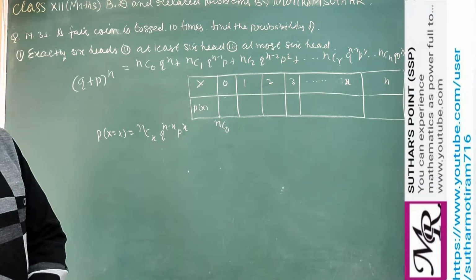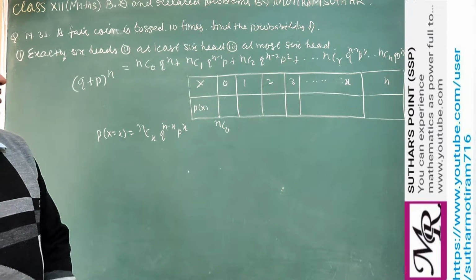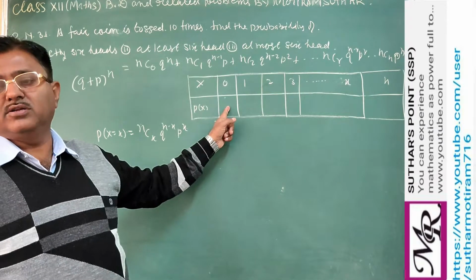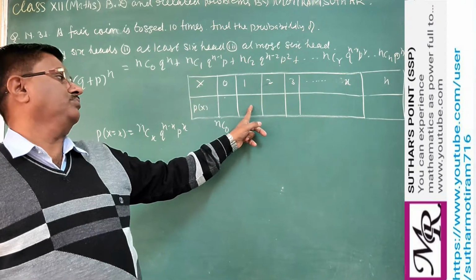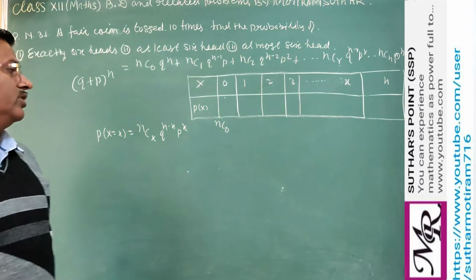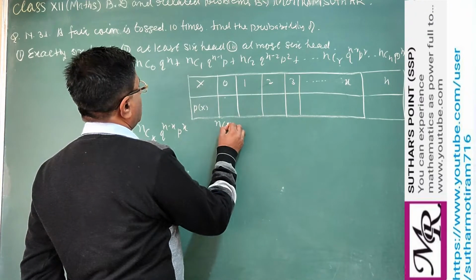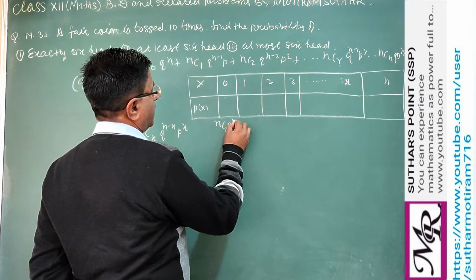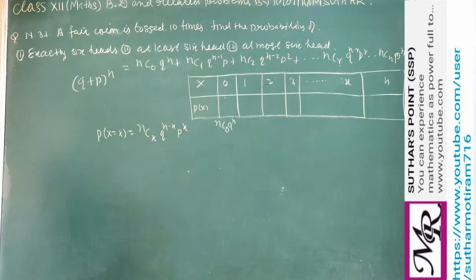Suppose, as we saw in the previous example, where this is 0, then it will be q power 3 in that case, then 3 p q square, then 3, and so on. According to that we are generalizing: this is nC0, the value of q power n. Clear? So the probability of not getting any success.